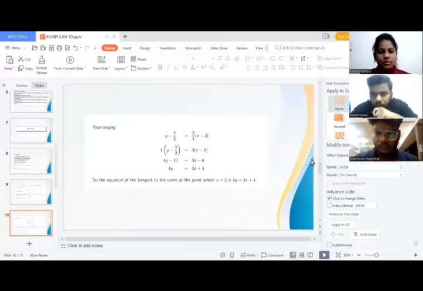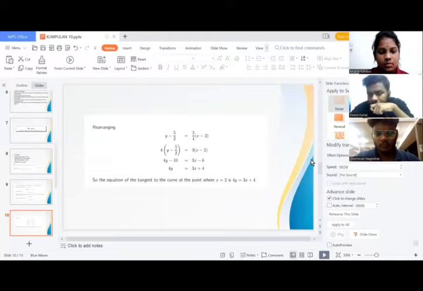If we rearrange, if you change the denominator across the equals sign, it goes there as a multiplier.